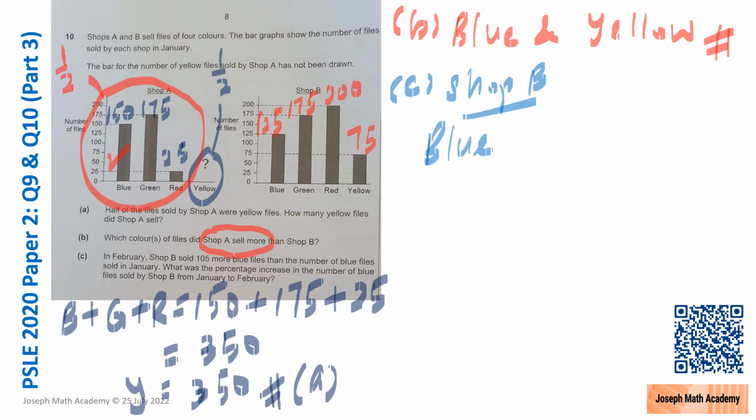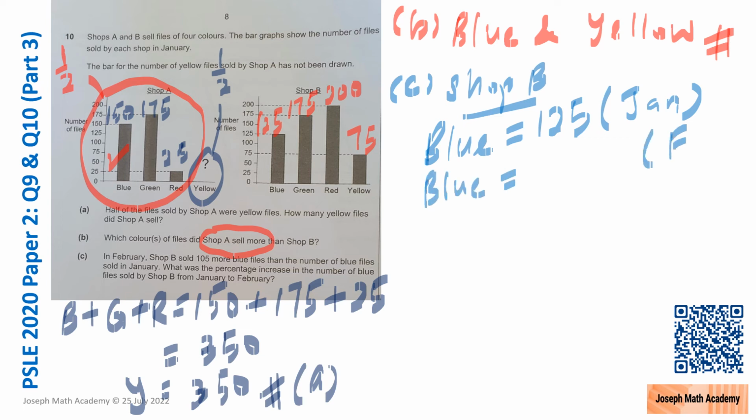And we need the color blue. So the blue found in shop B is 125. Okay, and this is for the month of January because it's directly from the graph. What about the blue found for the month of February?